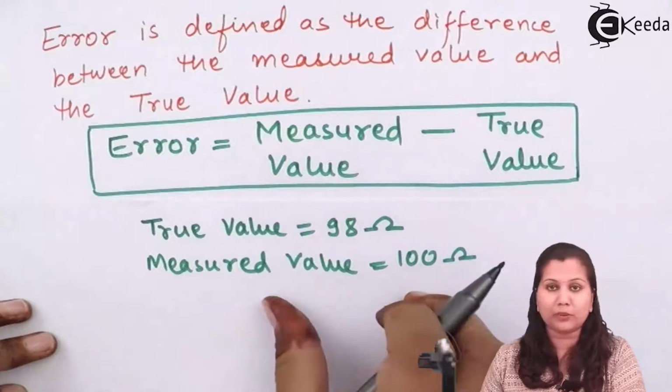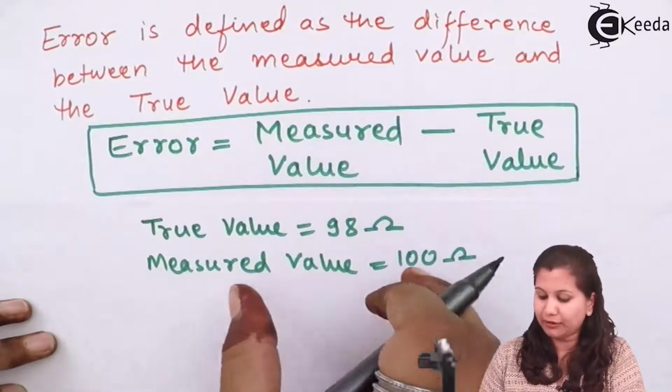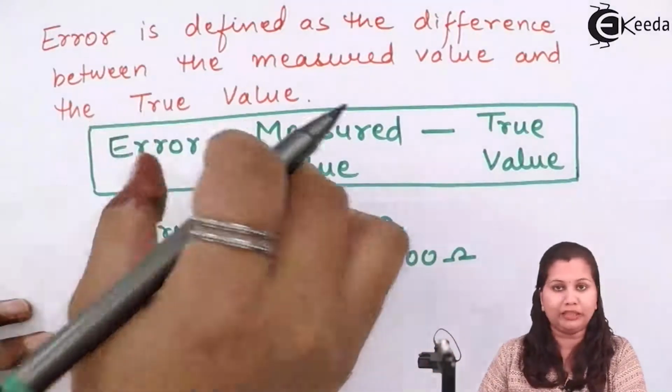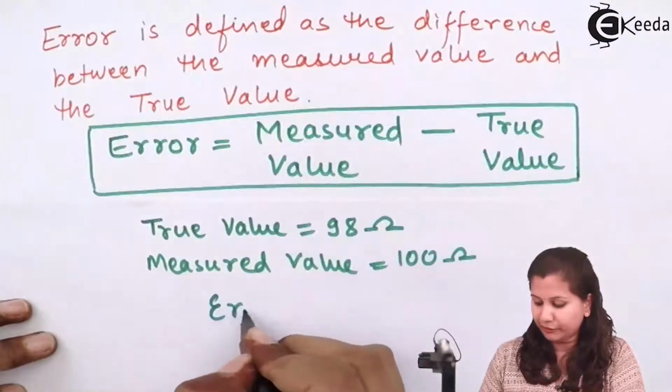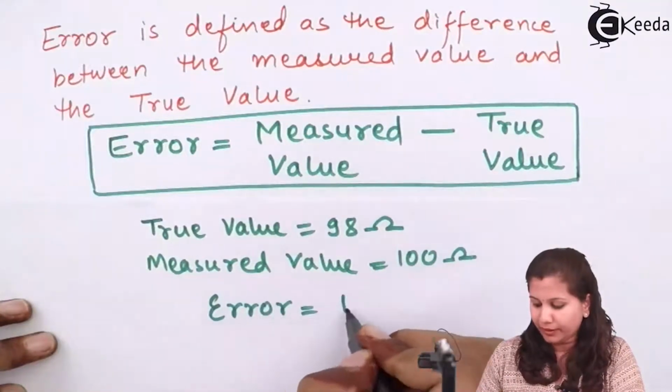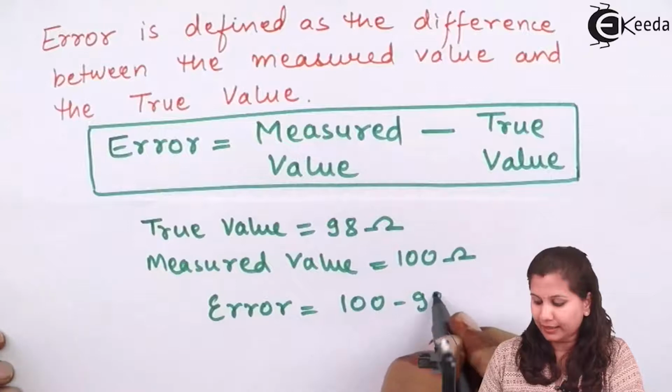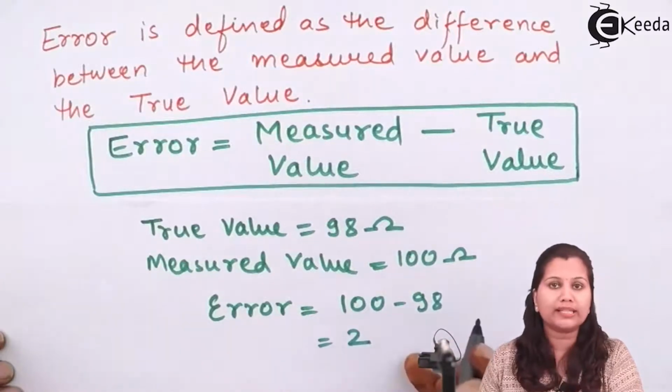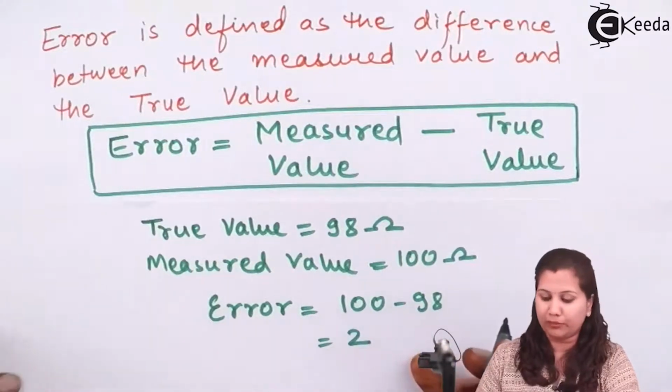So the difference between the two readings, the measured value and the true value, will be the error. Here the error will be 100 minus 98, that is 2. So 2 is the error in the measurement. So we can define the error as the difference between the measured value and the true value.